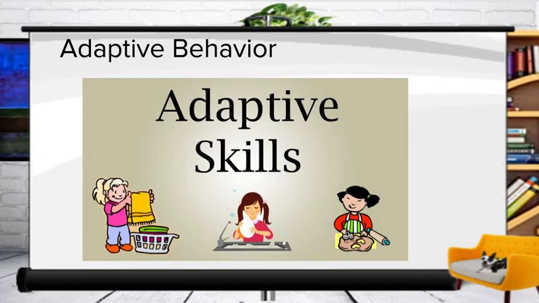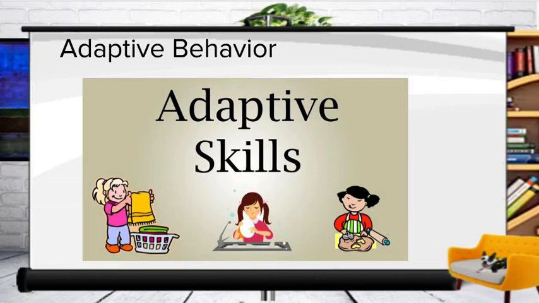When we're evaluating students, we also look at adaptive skills. Now, when we look at adaptive behavior, the primary purpose of this assessment is to determine the extent to which a child performs living skills at age-appropriate levels. Various measures of adaptive behavior usually rely on the observations of a person, like a parent or a teacher, who is familiar with the child.